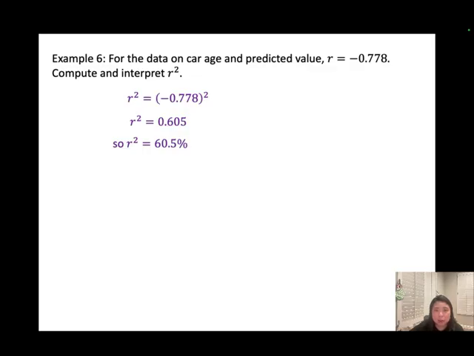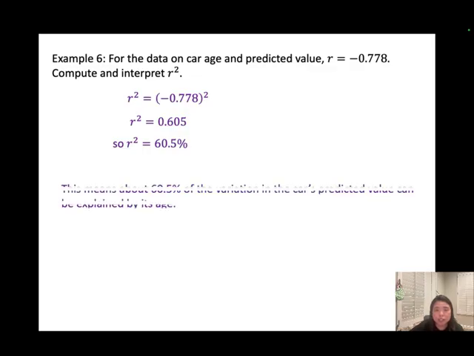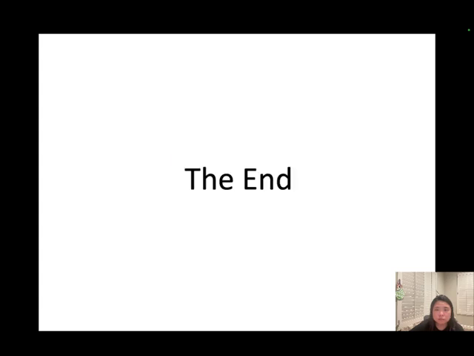This is talking about the age of the car and also the price of the car, right? So we say 60.5% of the variation in the car's predicted value can be explained by its age. Other factors account for the rest. That's it.